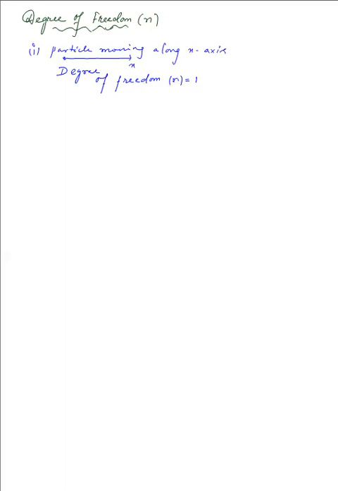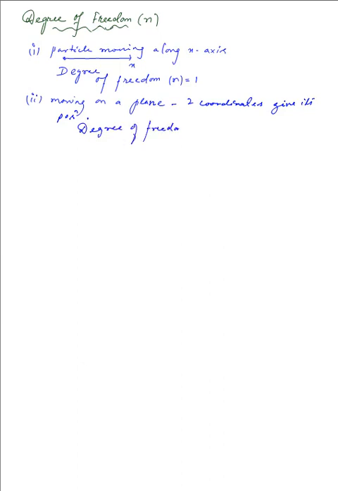Similarly, if we are considering it to be moving on a plane, that requires two coordinates to express its position, and as a result the degree of freedom is going to be 2.